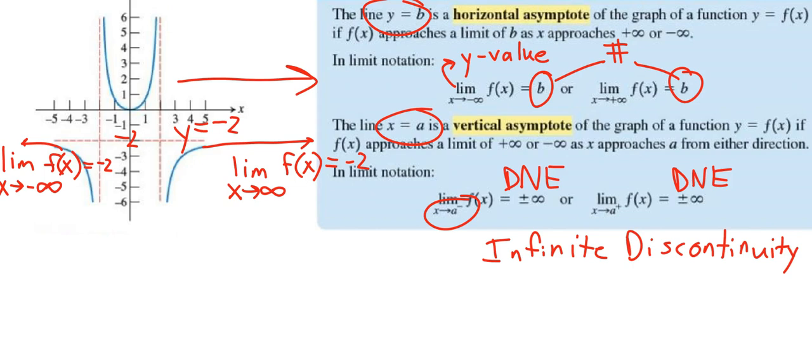Here, I have to pick up my pencil and start again, right? Where did I have to pick up my pencil? Which x values? Remember, the discontinuity is at x values. Oh, negative 2, that's true.